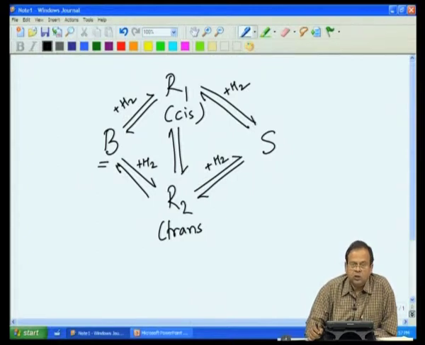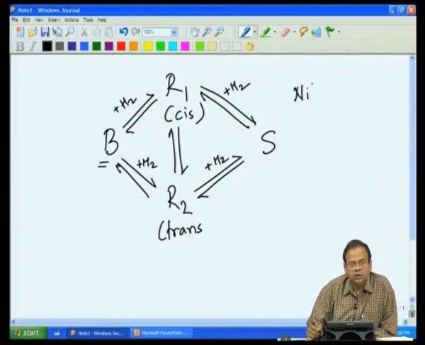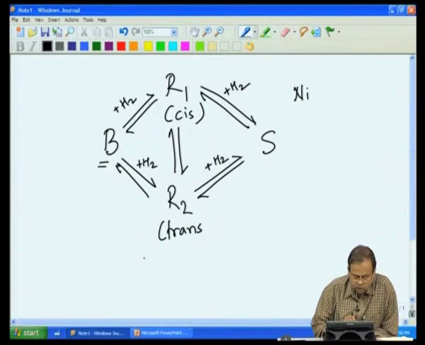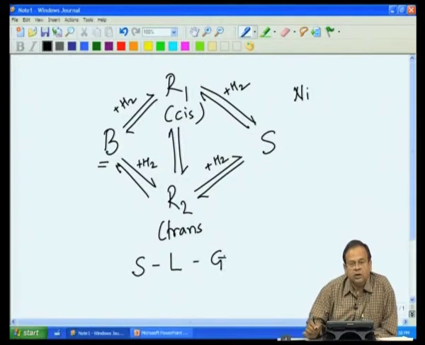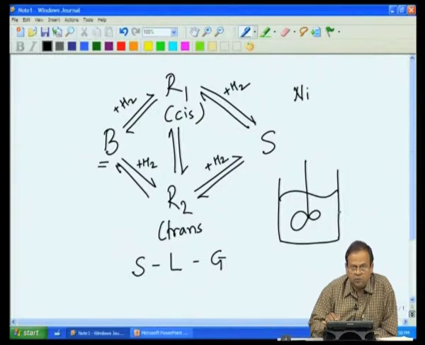Now, I also mentioned that this reaction takes place in the presence of a catalyst, and Raney nickel or nickel in micron size particles is often used as the catalyst. So, design of this reactor therefore involves looking at a solid, liquid and gas reactor, and slurry reactors are most commonly used, or in other words we have a stirred tank reactor in which let us say oil is present, a batch reactor we are talking about.